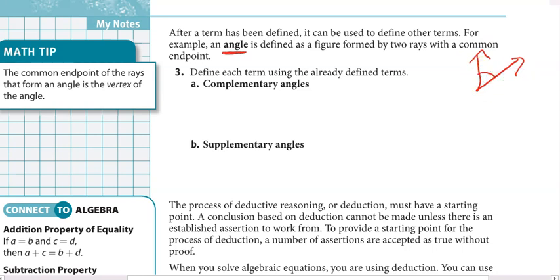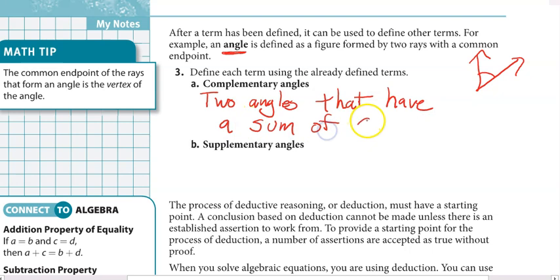Complementary angles are any 2 angles that have a sum of 90 degrees. And supplementary, maybe that refreshed your memory, should be 2 angles that have a sum of 180 degrees.